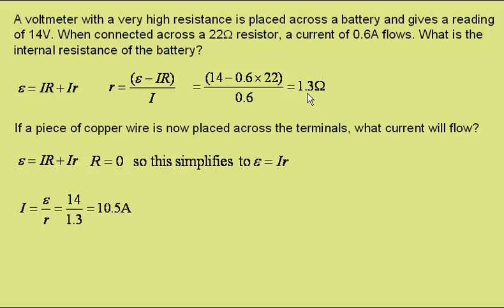I've quoted it to two significant figures, as my data was only quoted to two significant figures, but I've kept the entire number in my calculator to use down here, giving me a more accurate figure for the current. It's very easy, during multiple calculations, to build up quite large rounding errors. So always quote your answers to a small number of significant figures, but keep the number in your calculator.